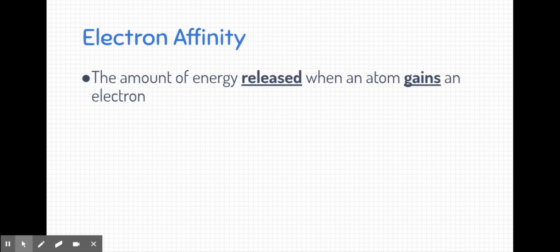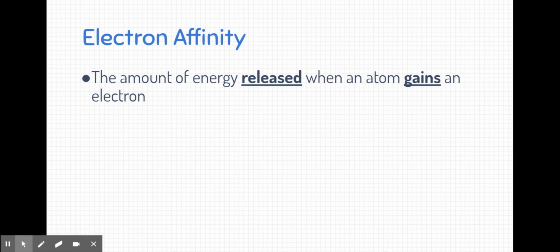Okay, so let's move on to our second trend here, which is going to be electron affinity. One of the most difficult things about periodic trends in energy is the confusion which results in thinking about ionization energy and electron affinity.